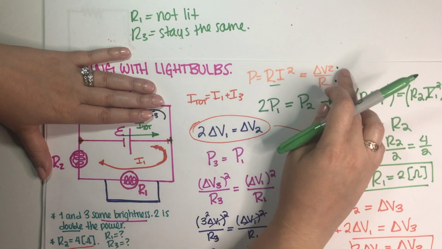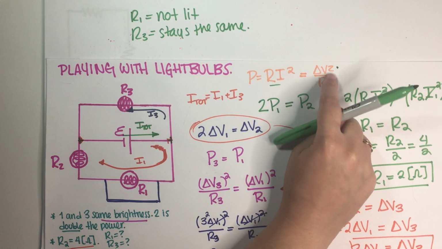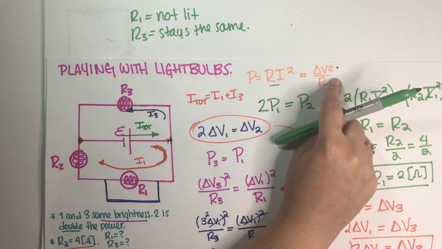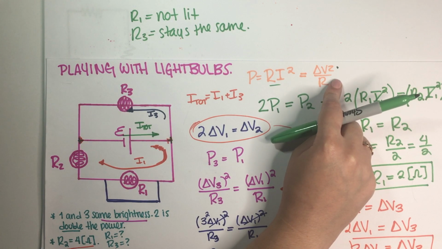So for R2, delta V is actually going to increase, and because this number is going to increase, R2 is actually going to be brighter.